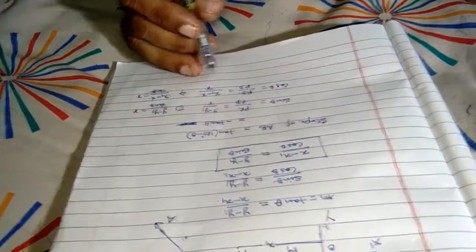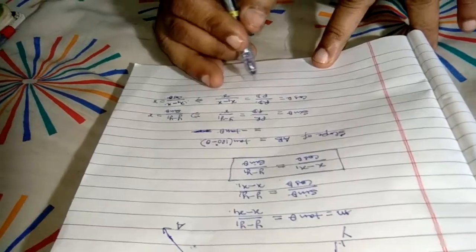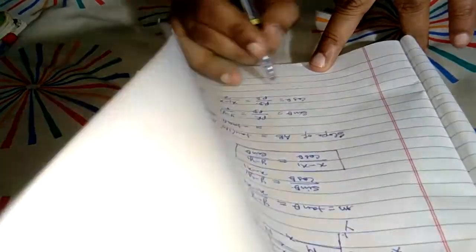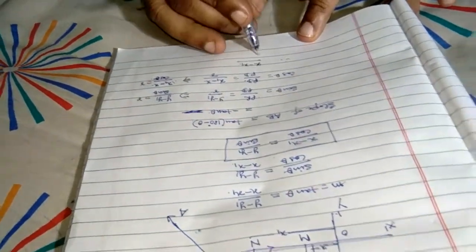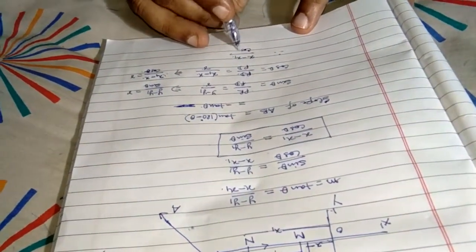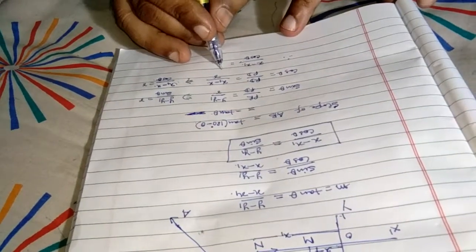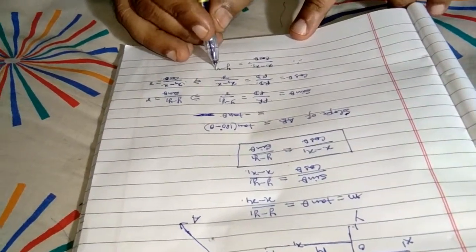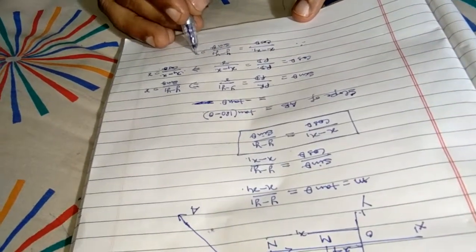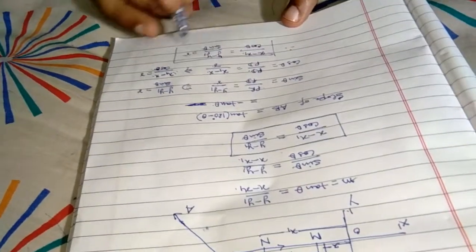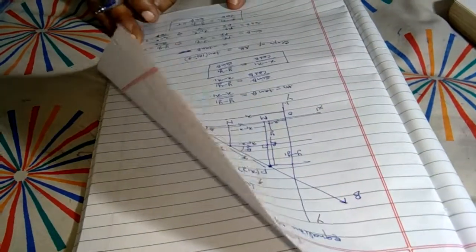Because the slope is negative, we can write x minus x1 by cos theta is equal to y minus y1 by sin theta, which is equal to r. This is the formula of the distance form of the equation of a straight line.